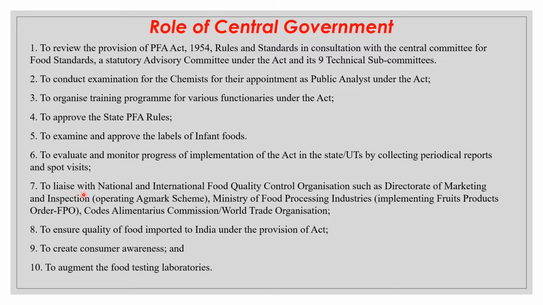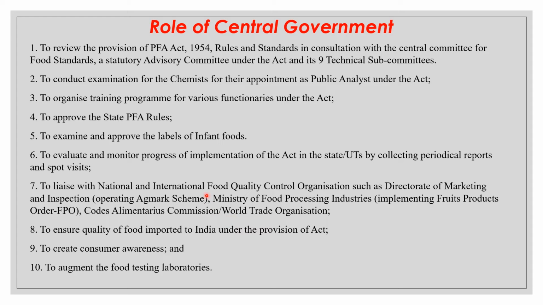It liaises with national and international food quality control organizations such as the Directorate of Marketing and Inspection, okay, Ministry of Food Processing Industries, which is implementing the Fruit Products Order, Codex Alimentarius Commission or World Trade Organization, okay.